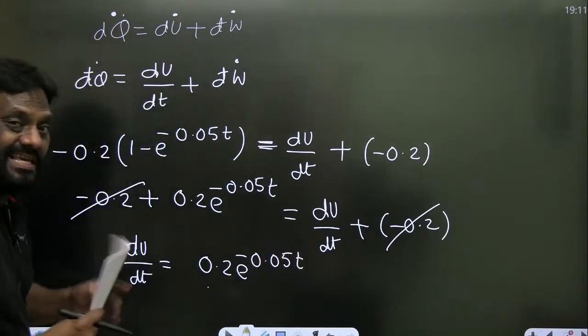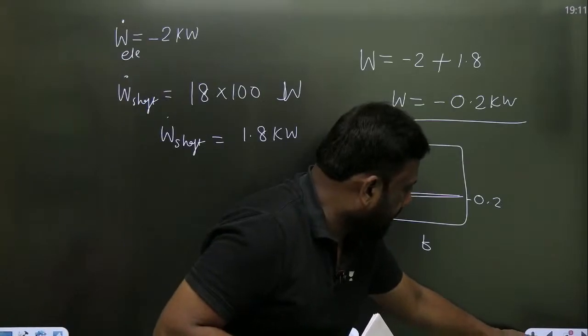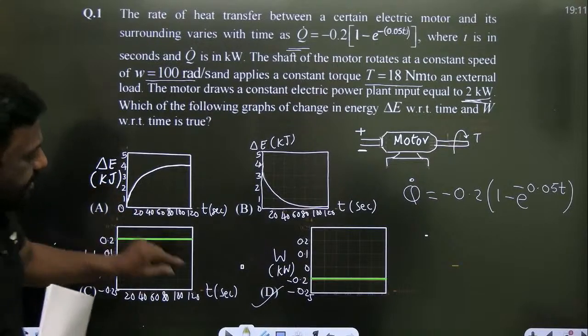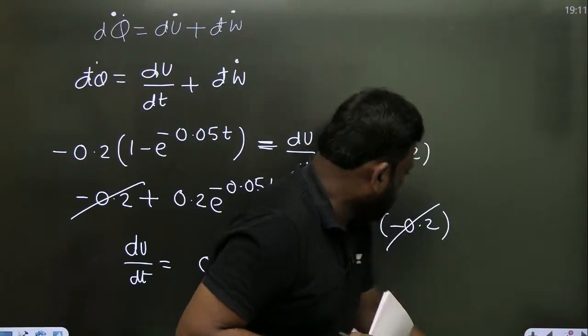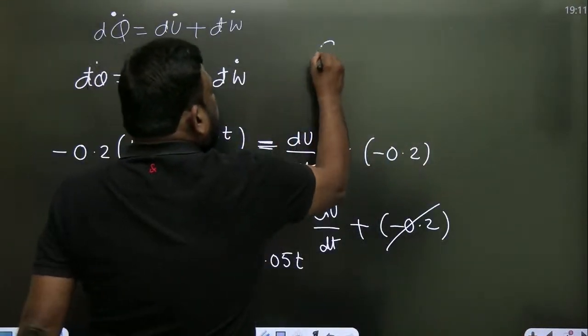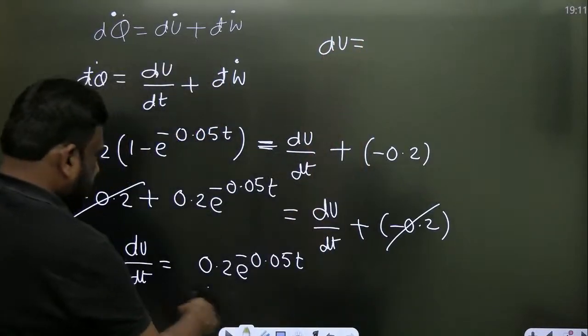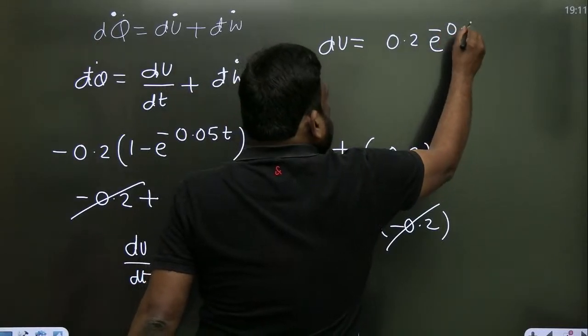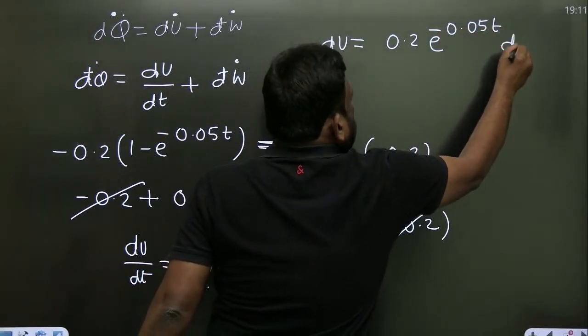But he is asking the energy in kilojoule. If you see, this work is given in kilowatt, this is given in kilojoule. Let me try to solve this. So du is equal to, take dt here, 0.2 into e power -0.05 t into dt. Excellent, sirs.